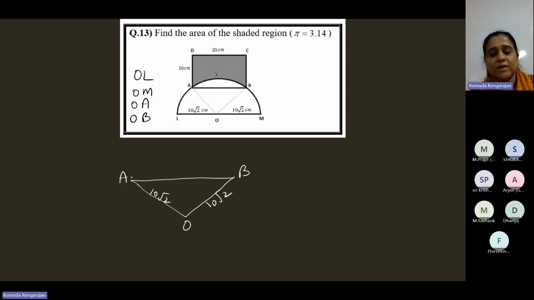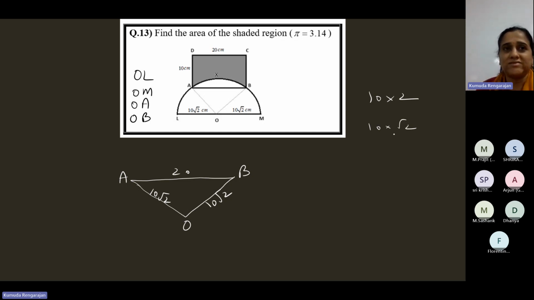Correct? And how much is AB? AB is 20. Now we all know how to apply the converse of Pythagoras theorem. Which is the longest side? 10√2 or 20? 20, because 10 into 2 is 20, but this is 10 into root 2, and root 2 is smaller than 2.